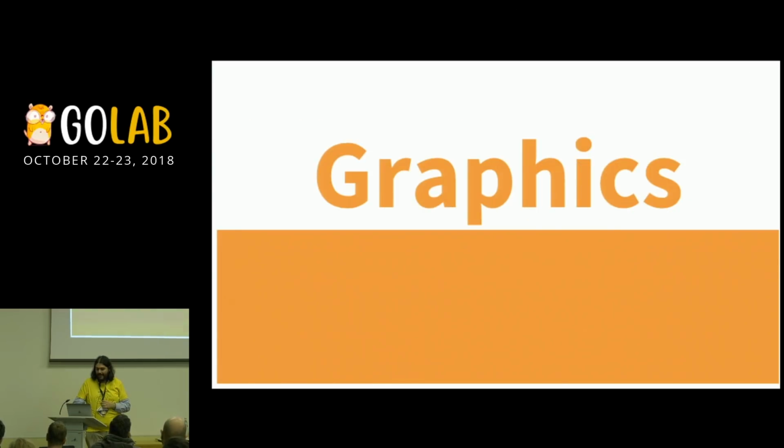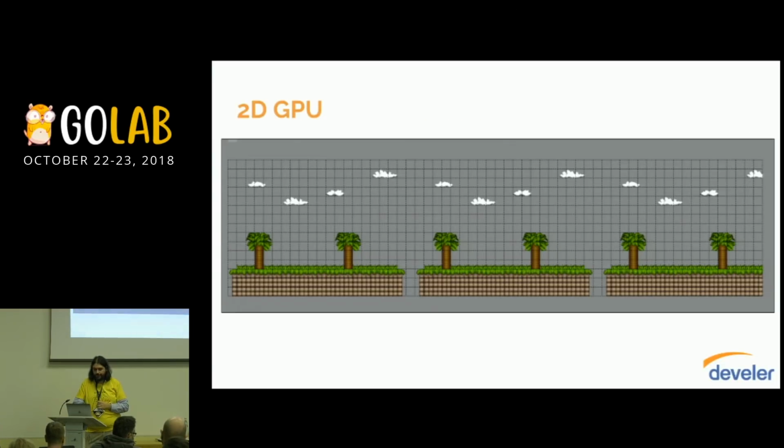Okay, some explanation of graphics emulation. A GPU in graphics hardware is actually a chip that is able to copy blocks of graphics, which are called either tiles or sprites, depending on how you use them.